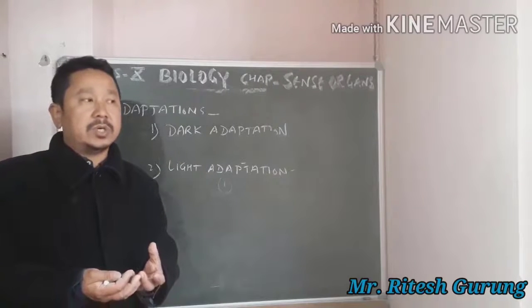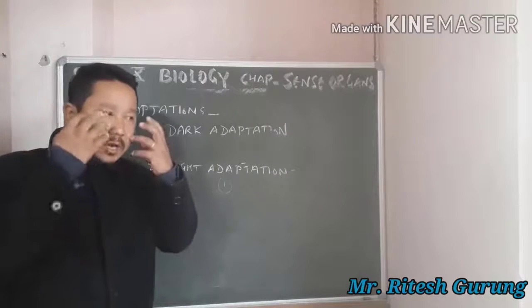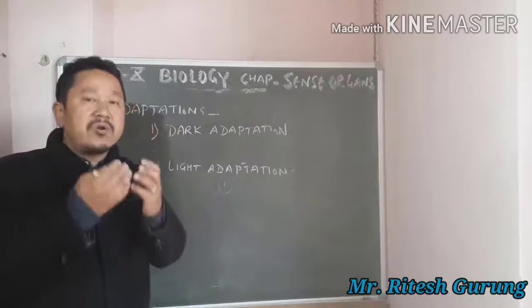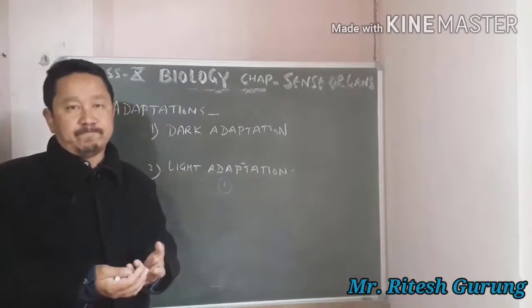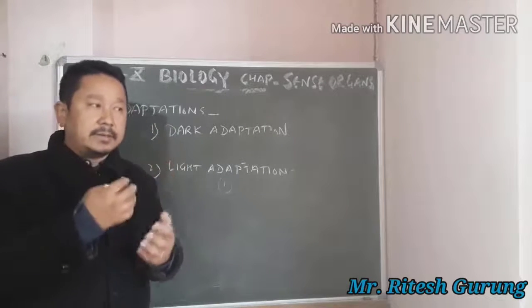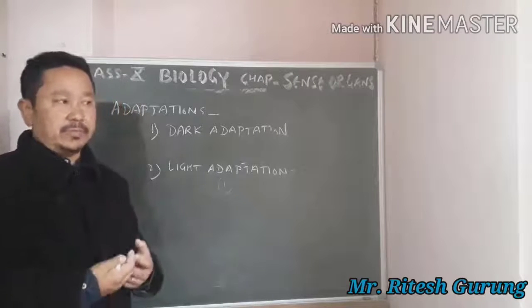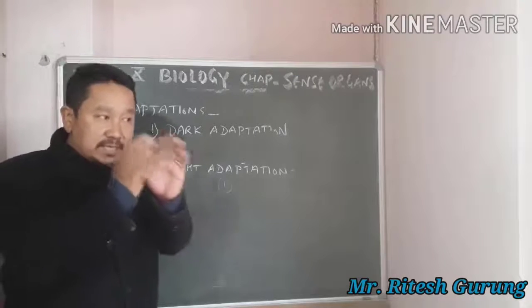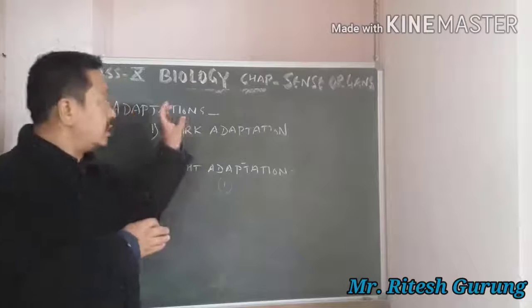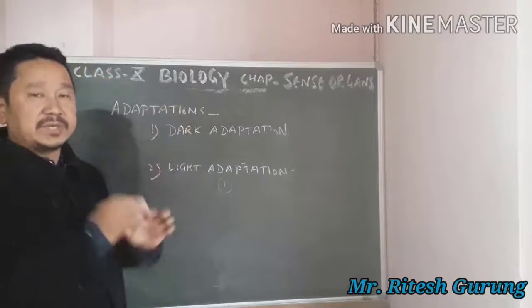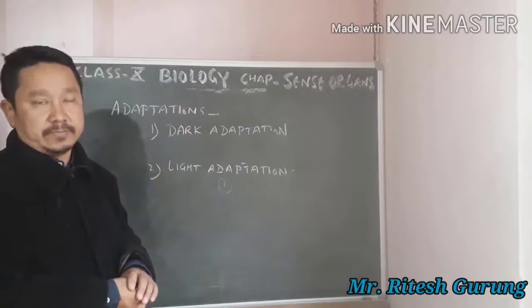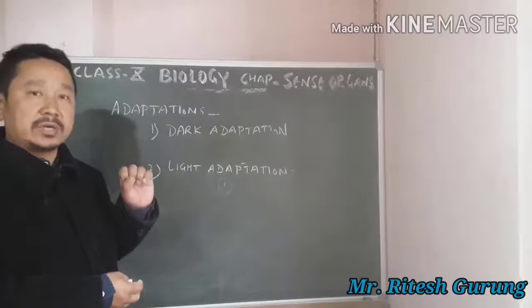How our eyes function at that time, the mechanism which makes us able to see in such situations, is called adaptation. That is the adaptation we are talking about here.